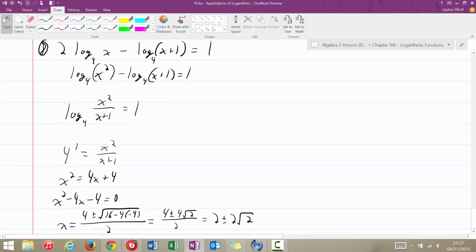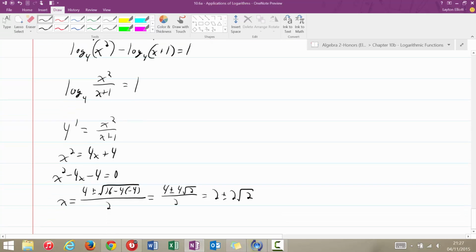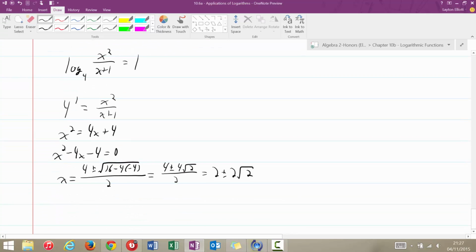Same as before, my negative one is not going to work, so whichever one of those would make a negative number, and so I actually got to keep the one with the plus sign, 2 plus 2 root 2. And that would be my final solution.